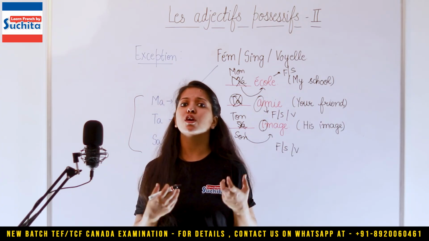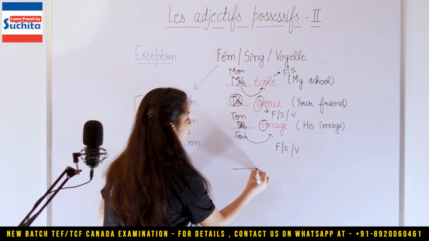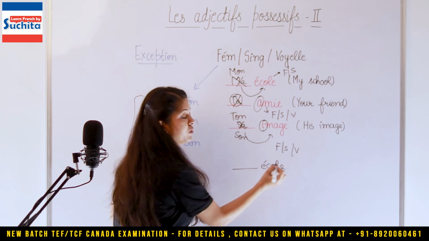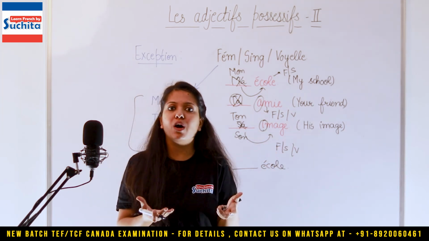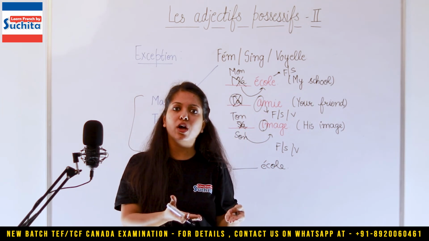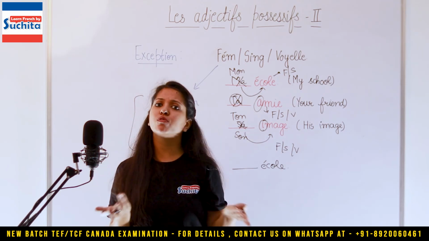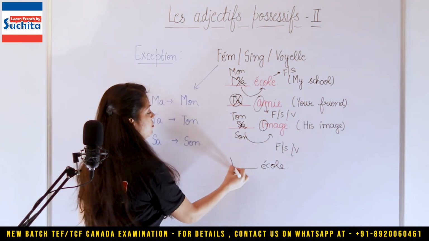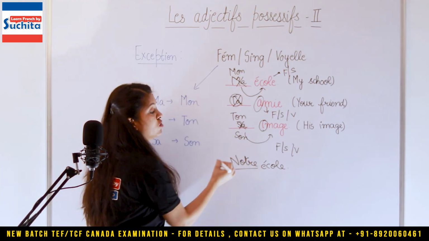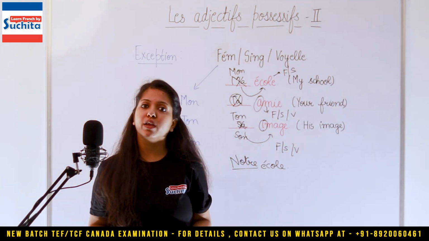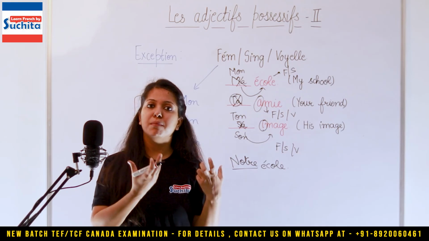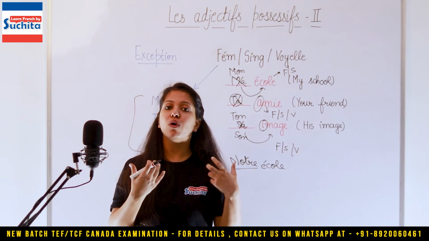Let's say you want to say our school. Even in the masculine singular column, you have notre. Even in the feminine singular column, you have notre. So both of them are the same. You can use any. So for our school, you say notre école. The only difference comes in mon, ton and son.